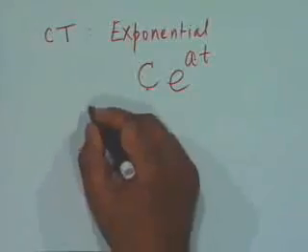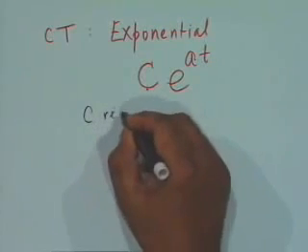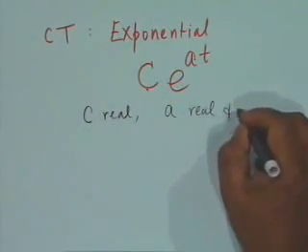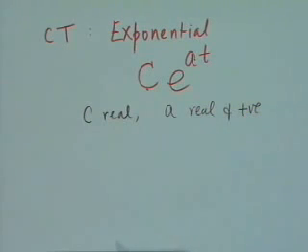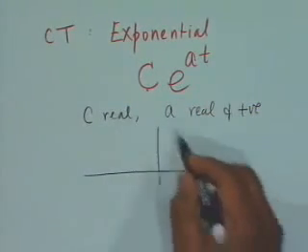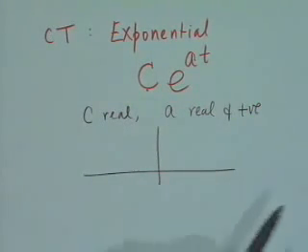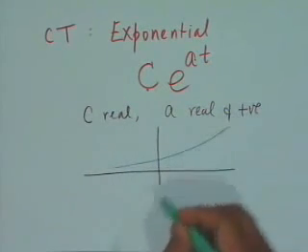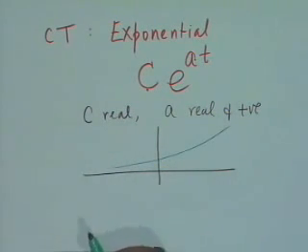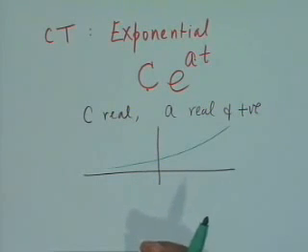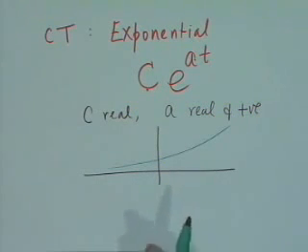First, let us say c is real and a is real and positive. Then obviously a plot of this shall look like a growing curve. That is a curve which has an upward slope, a positive slope all the time.